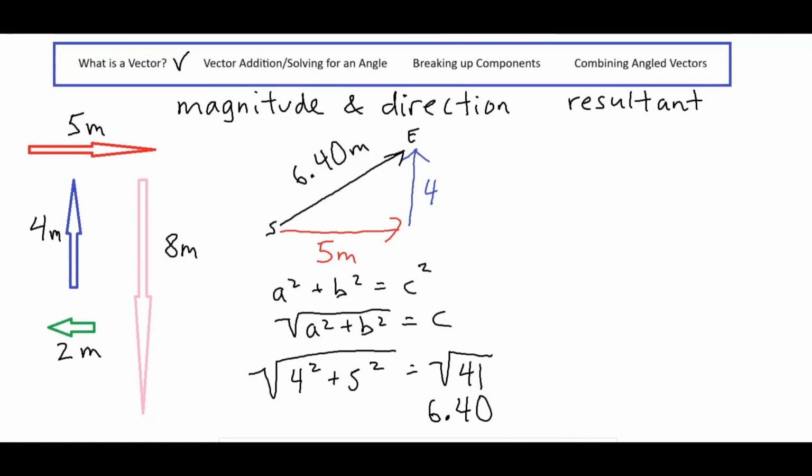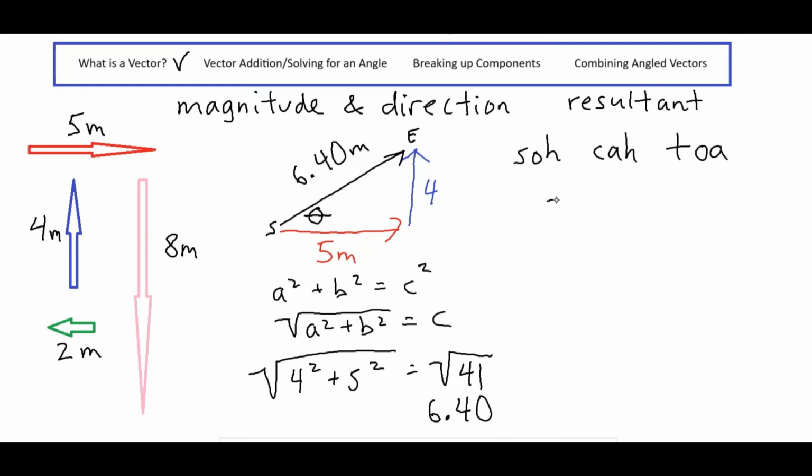Now from there, if you wanted to, you can find a direction, which would basically be finding an unknown angle, so you can give the direction with a little bit more detail. Now what you do there is you're going to use inverse trig functions. A lot of you are probably familiar with SOHCAHTOA, and if not, I'm going to break it down for you anyways.